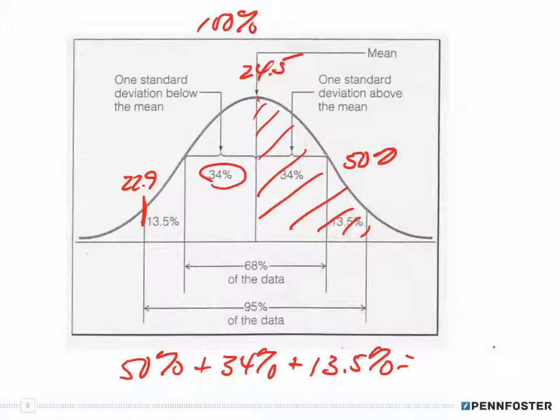And that gives you 97.5% as your answer for the percentage of boxes that weigh more than 22.9 ounces.